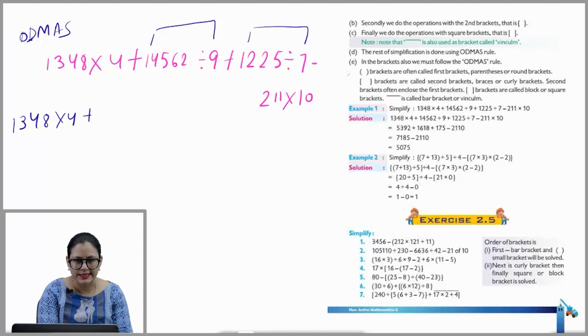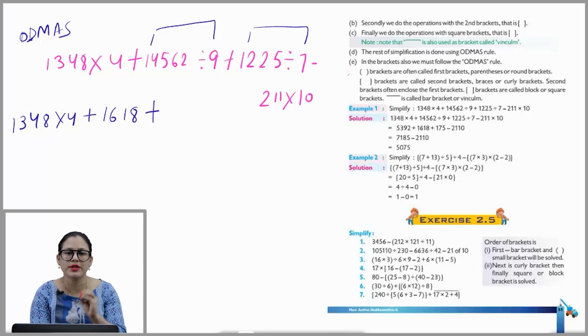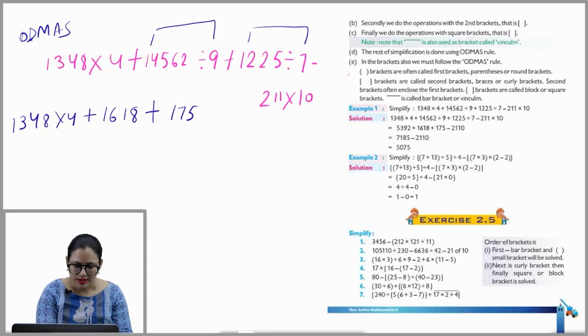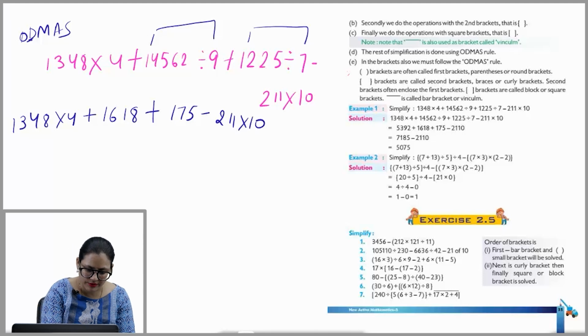Write plus as it is. Then there is a plus sign, and here when we divide 1225 by 7 we get 175, minus 211 into 10. So we have completed the division.